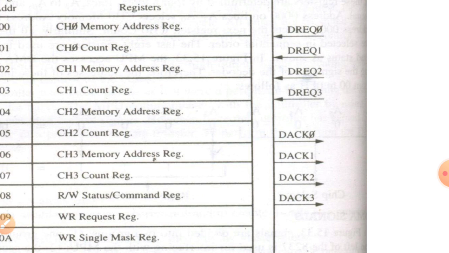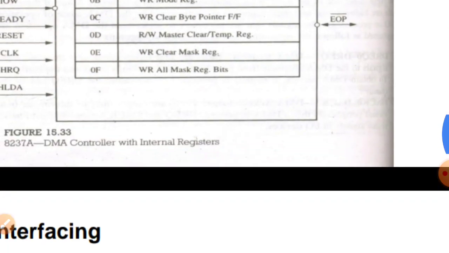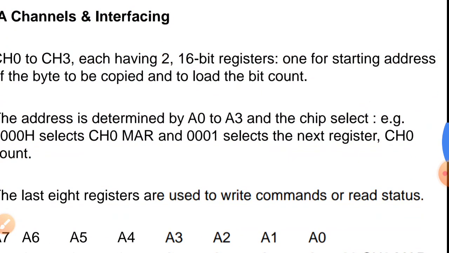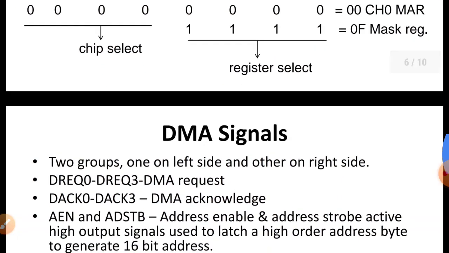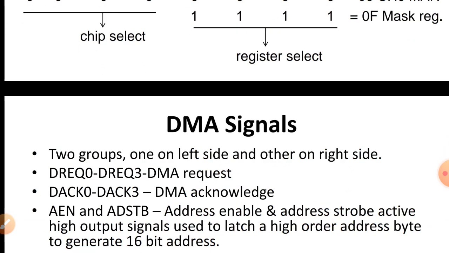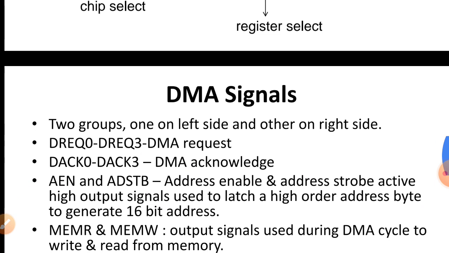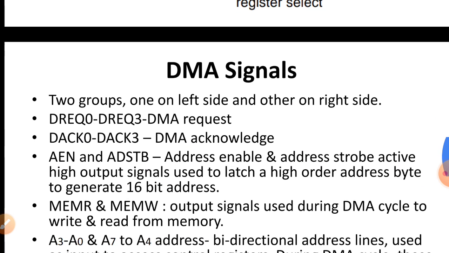That is why the request signal is input to the 8237 and the DAC signal is output from the 8237. So, DREQ0 to DREQ3 is a DMA request and DAC0 to DAC3 is a DMA acknowledgement. That is all about the right hand side signals.